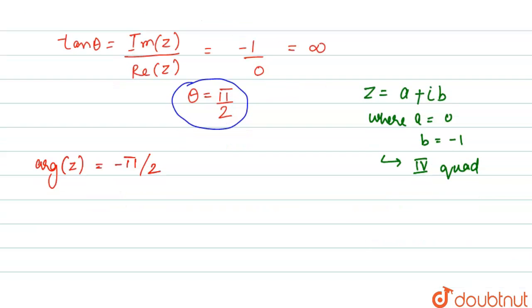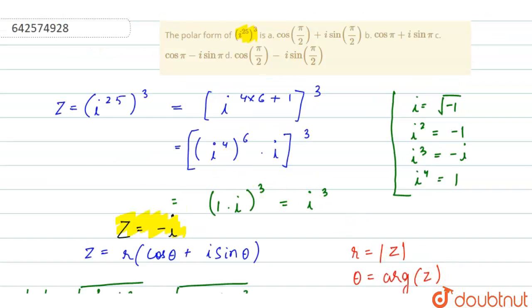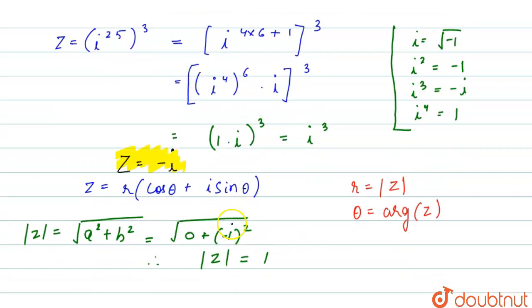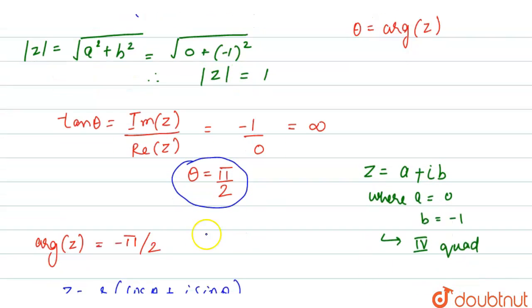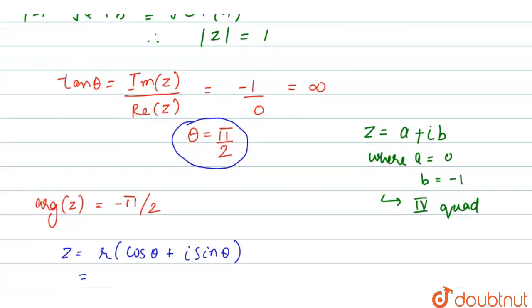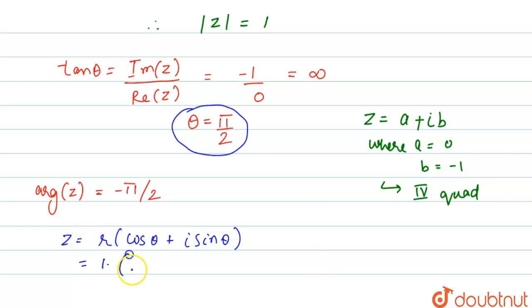Now writing z in polar form, z is r of cos theta plus iota sin theta, where r is the magnitude. We have found that the magnitude is 1 and the argument is minus pi by 2. So we will put here r is 1, cos of minus pi by 2 plus i sin of minus pi by 2.